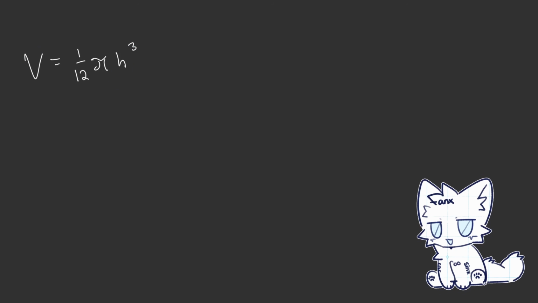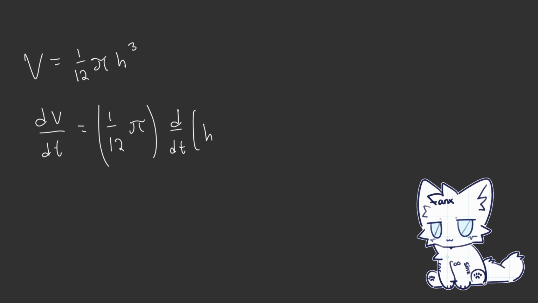Now, applying the time derivative, dV/dt is equal to 1/12 pi. Let's take the constants out first, and then now the derivative with respect to time of the height cubed.